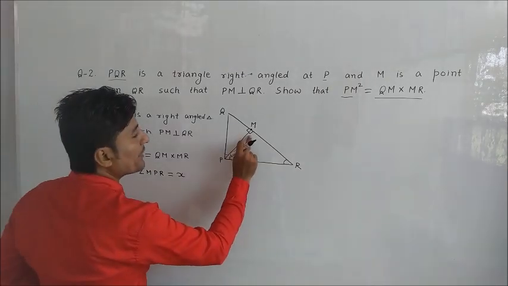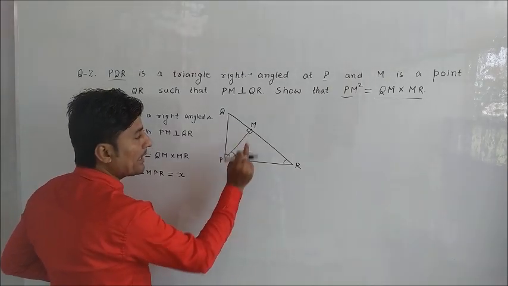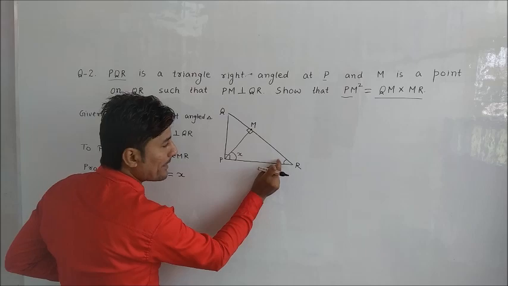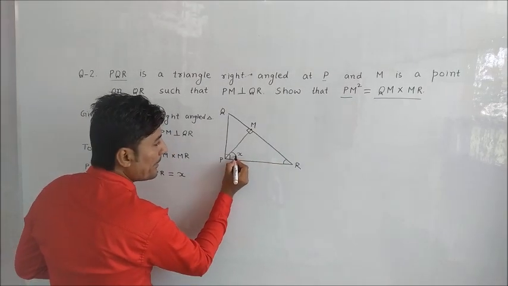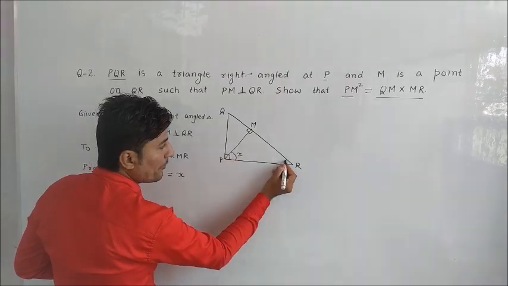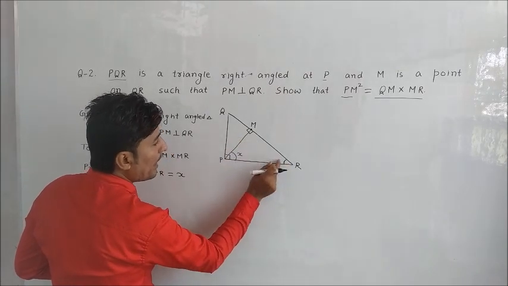Since the measurement of this angle is 90 degree, hence the sum of this angle plus this angle is equals to 90 degree.